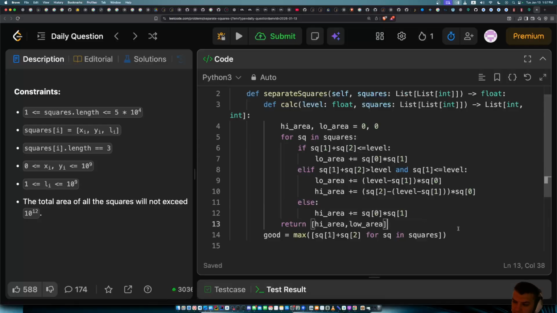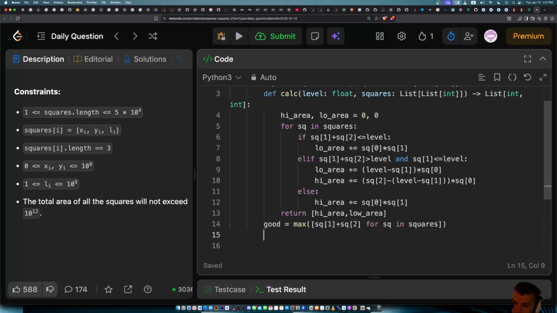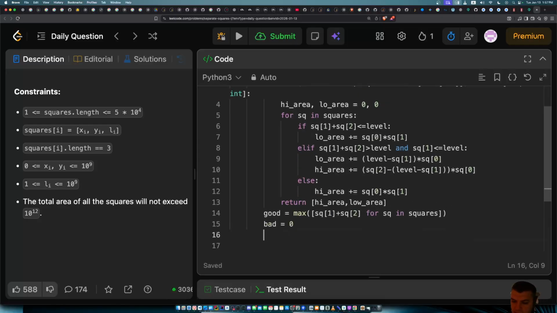And then bad gonna be equal to 0. Then while good minus bad is called delta precision, delta equals 10 to the power of minus 5.